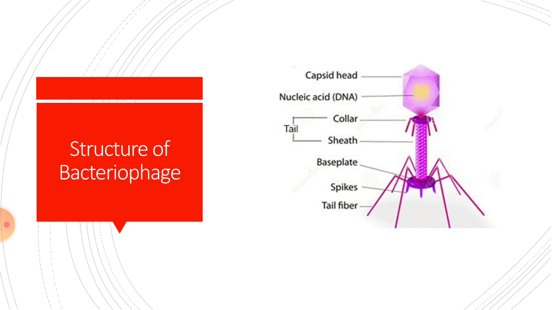It's a mixed type of symmetry. The head has a double-stranded DNA. The tail is a long structure enclosed by a contractile sheath. The collar is the region present between the head and tail. The tail ends in the base plate or tail plate, from which 6 tail fibers are formed.